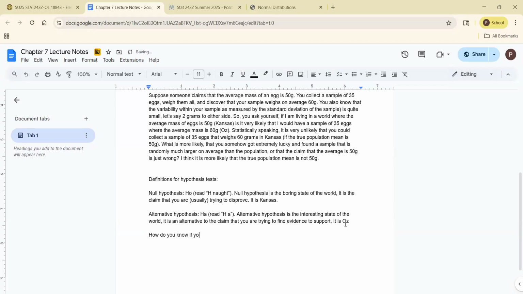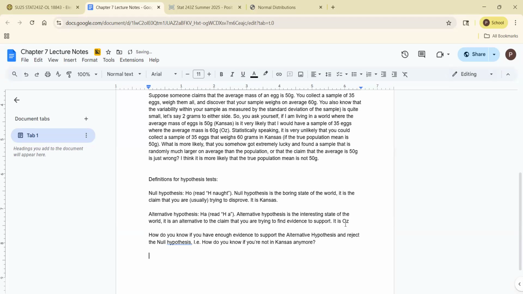How do you know if you have enough evidence to support the alternative hypothesis and reject the null hypothesis? I.e., how do you know if you're not in Kansas anymore?